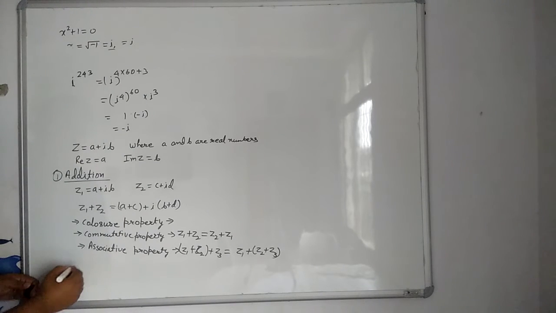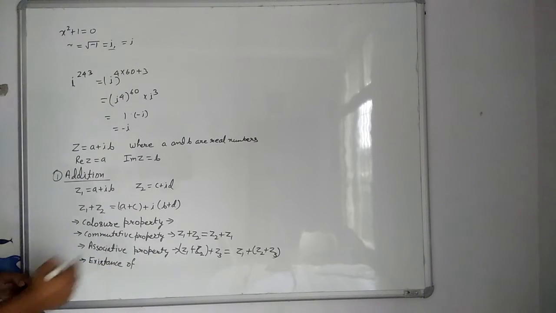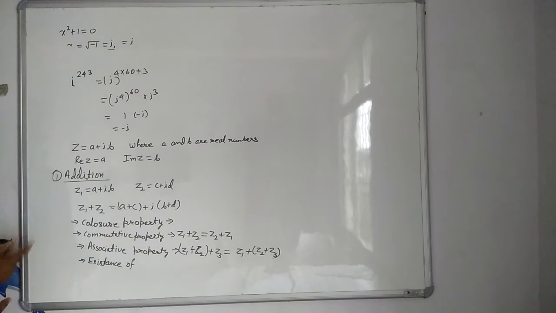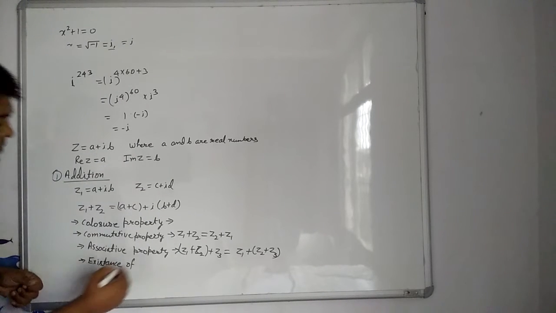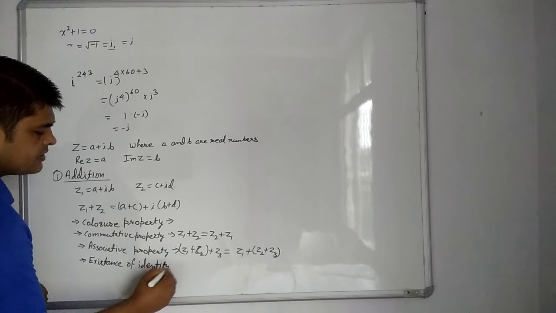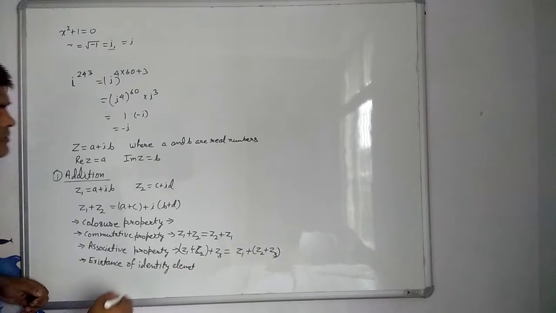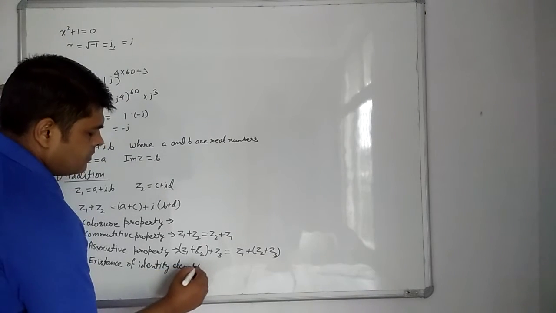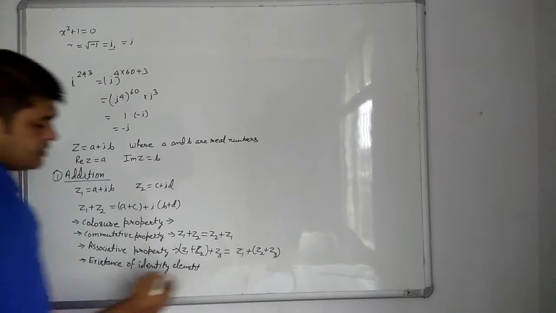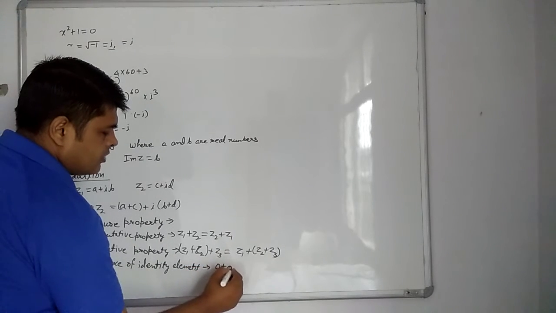Now one most important thing, that is existence of identity element. Identity element is an element which can be added to any complex number and you will get the same complex number. So what should be the identity element? Please guess. The identity element, or additive identity, for complex numbers is 0 plus 0 iota.